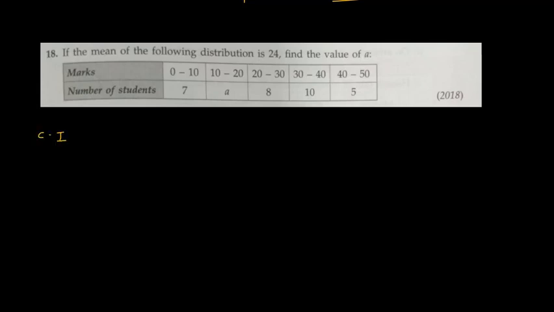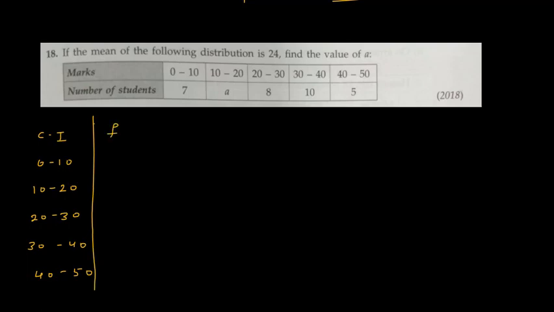So start. Class interval is 0 to 10, 10 to 20, 20 to 30, 30 to 40, 40 to 50. Okay, this is class interval. Then number of students, that is frequency.